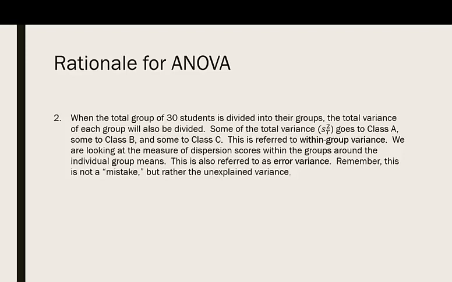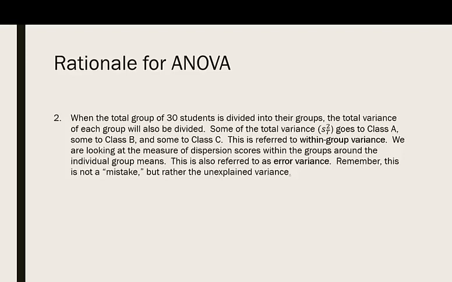Now remember, when we talk about error, we're not talking about a mistake. We've never been talking about a mistake. We've used the term error quite a bit, but it's never about a mistake. It's just unexplained variance that we have in whatever it is that we're dealing with. Okay.